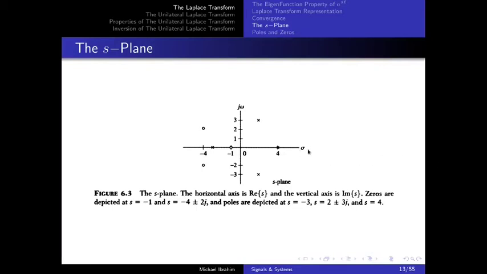Sigma here is the real part, and j omega is the imaginary part, and usually complex variables can be represented in two-dimensional space, as you can see here, where this is the real axis and this is the imaginary axis. In general, we will be dealing with the s-plane a lot in this chapter, dealing with the positions of what are called poles and zeros, as we are going to see in a second.